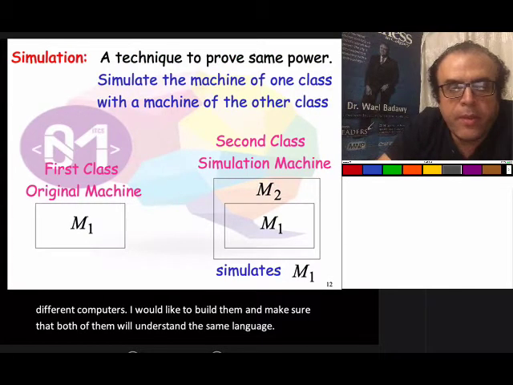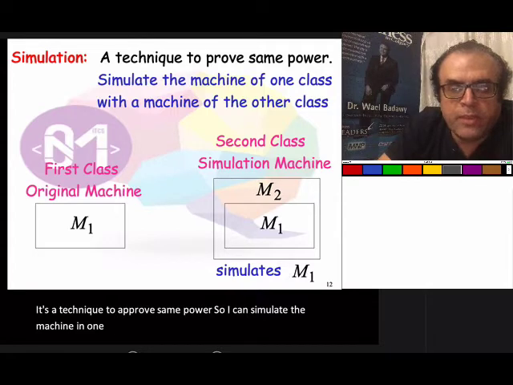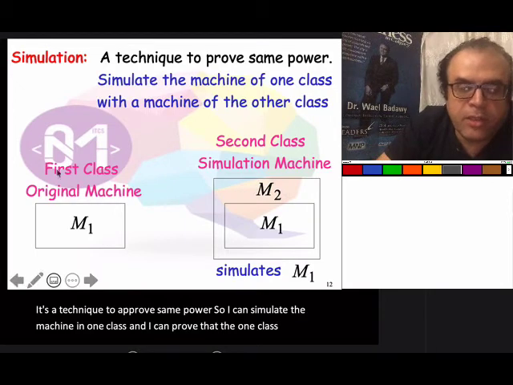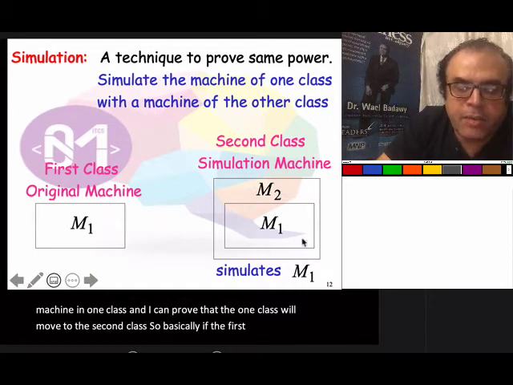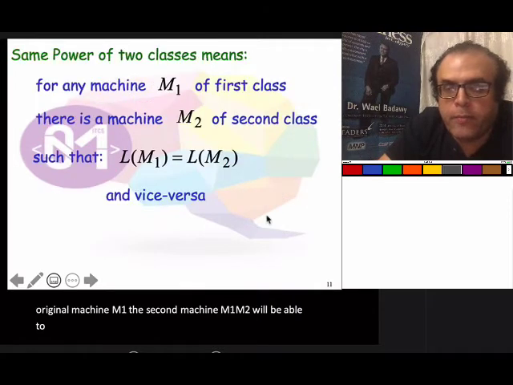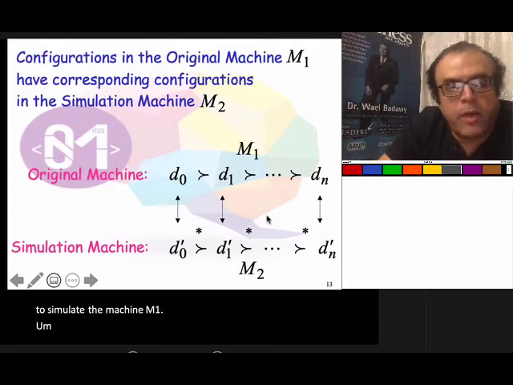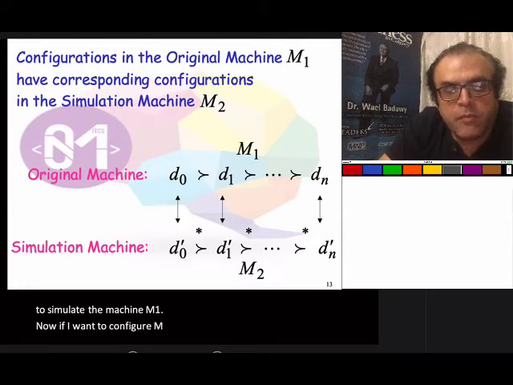Simulation is a technique to prove same power. I can simulate the machine in one class, and prove that the one class will move to the second class. So if the first class is the original machine M1, the second machine M2 will be able to simulate the machine M1. Now, I want to configure M1 and the corresponding configuration of M2.